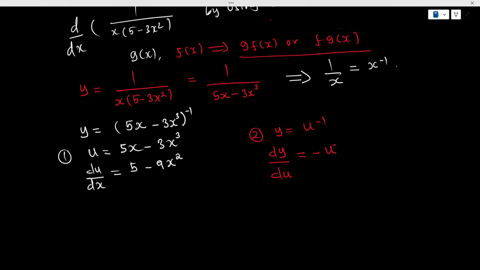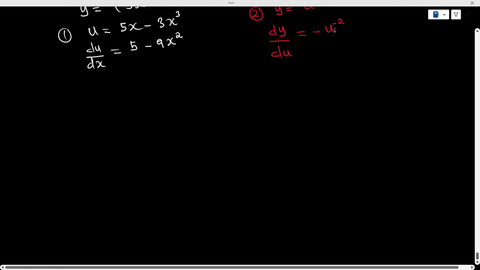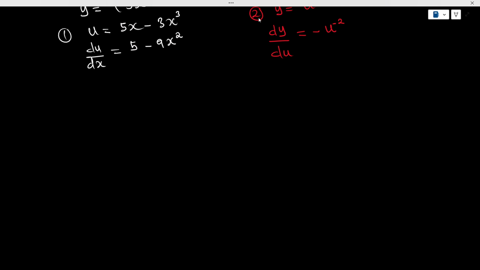On the other hand, dy/du is negative u raised to negative 2. Now we're going to apply the chain rule. The chain rule says that dy/dx can be calculated by taking du/dx times dy/du.